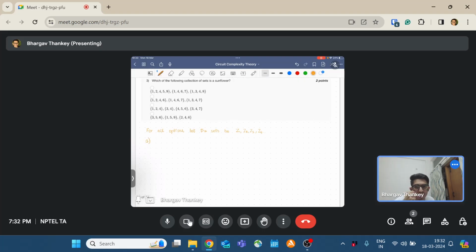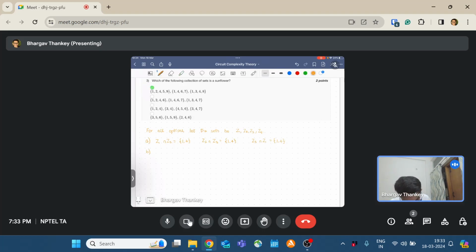So when does Z1, Z2, Z3 form a sunflower? When the intersection of every pair of sets is the same, right? Z1 intersection Z2 is 1 and 4. Z2 intersection Z3 is also 1 and 4. And Z3 intersection Z1 is also 1 and 4. So A is a sunflower.